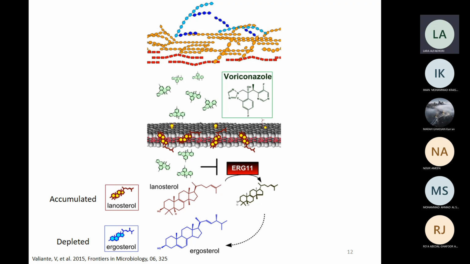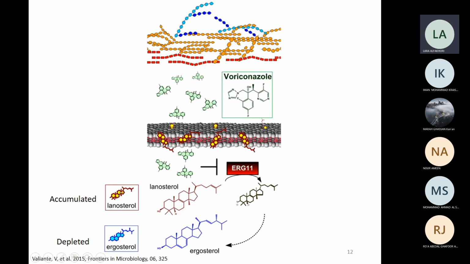Squalene is still converted into lanosterol, but because the enzyme 14 alpha demethylase is inhibited, lanosterol will not be converted to the corresponding ergosterol. So I have depletion of ergosterol, and also I will have accumulation of lanosterol.